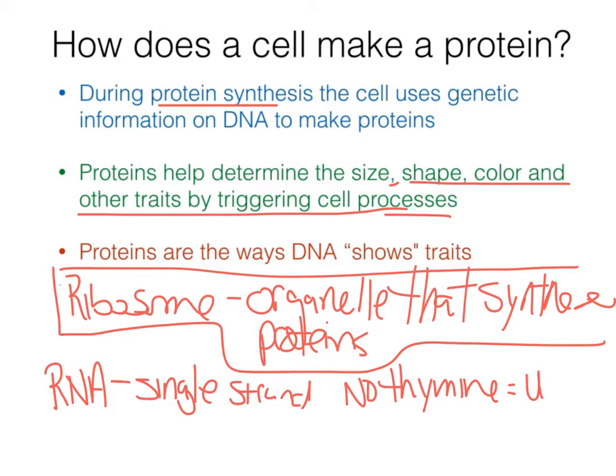Instead, it has uracil. So this single strand is a very important biological molecule if we want to get from DNA to a protein. RNA is a key factor in making this happen. There are two types, and we'll talk about them. There's mRNA, which is messenger RNA, and there's tRNA, which is transfer RNA. And as we're moving through the process, we'll talk about those a little more.